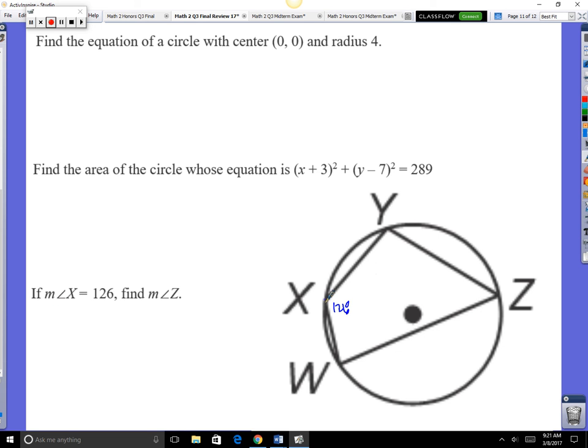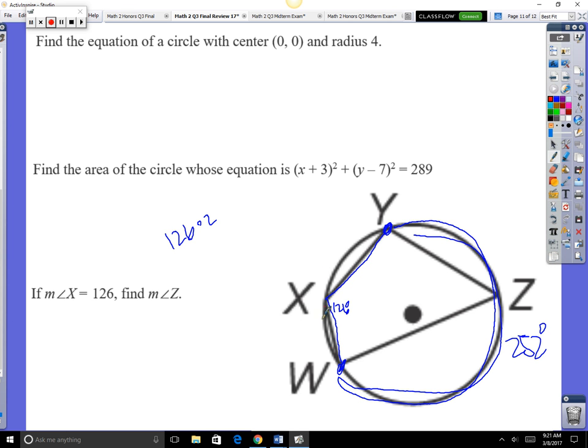This angle goes to this arc, so it makes this arc all the way here. And since I'm pulling from the circle, if I double that, 126 times 2, what is that, 252? This arc is 252 degrees.